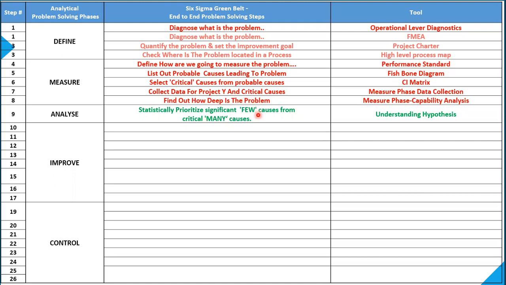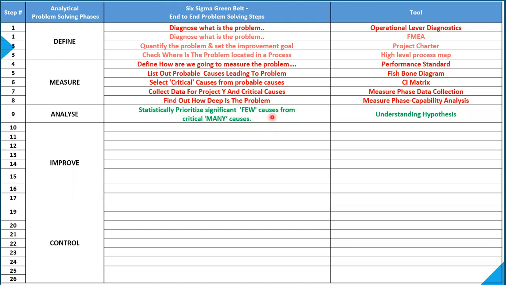Now we are entering into the analyze phase. In the analyze phase, all we're going to do is find out statistically significant causes based on whatever data we collected in the measure phase, data for both project Y and critical causes, right? So in a nutshell, in the analyze phase we're going to statistically prioritize the significant few causes from the critical many causes.